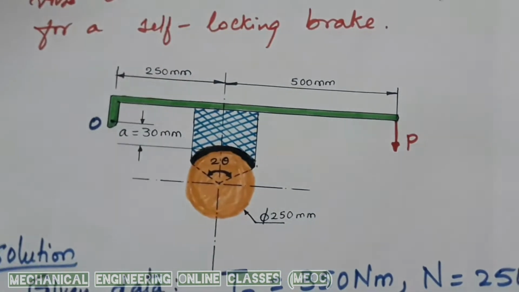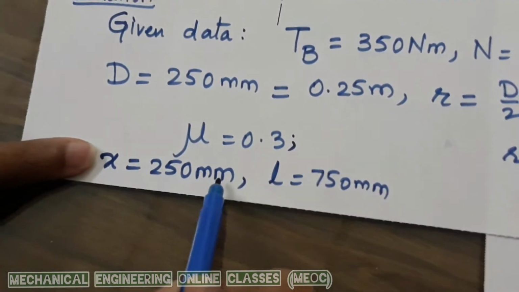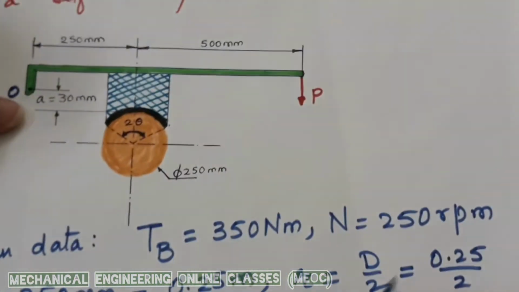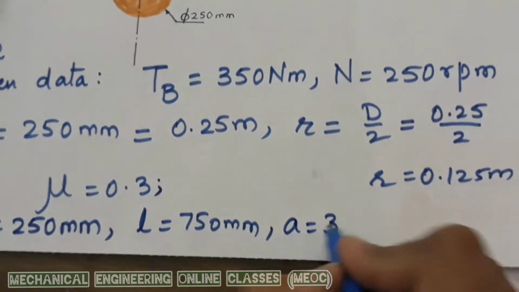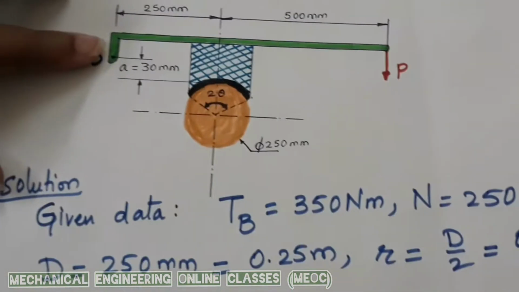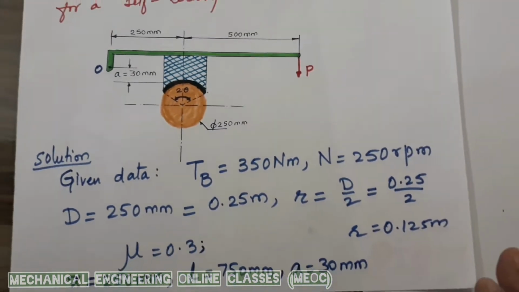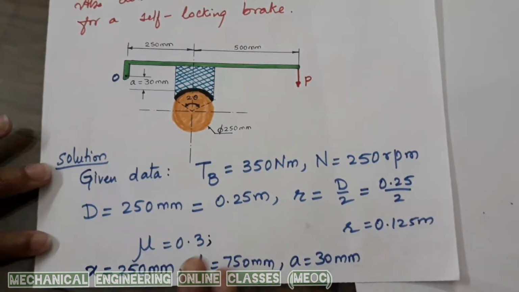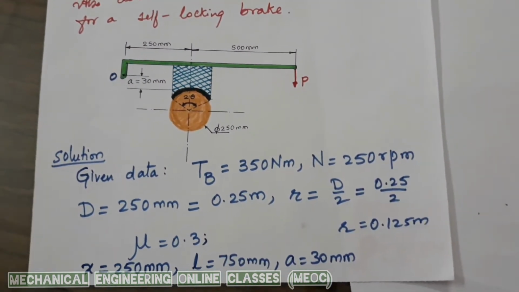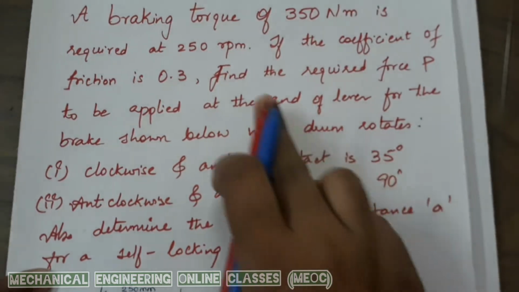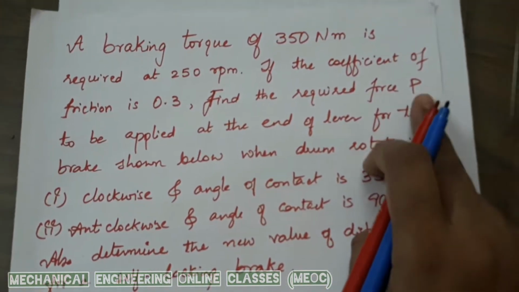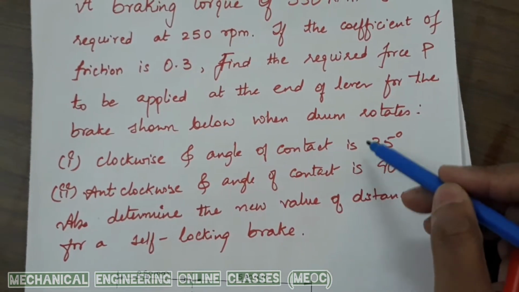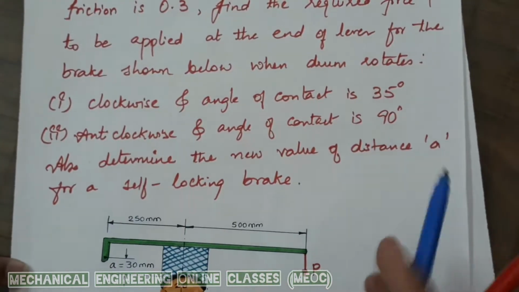So x is 250 mm, and A is given as 30 mm. So this is the complete data. We are supposed to find the required force P under these two cases and also the new value of A.